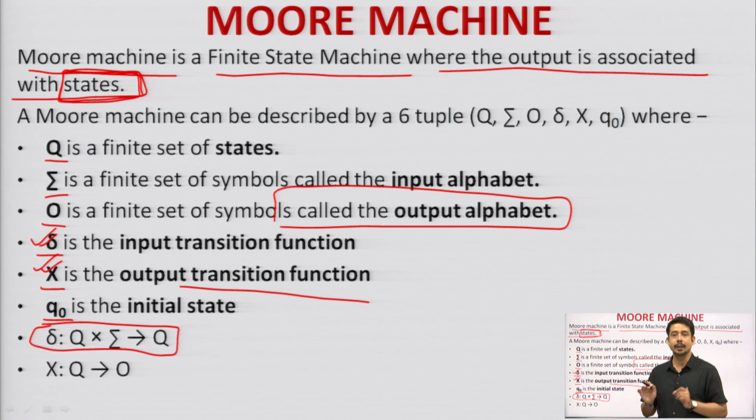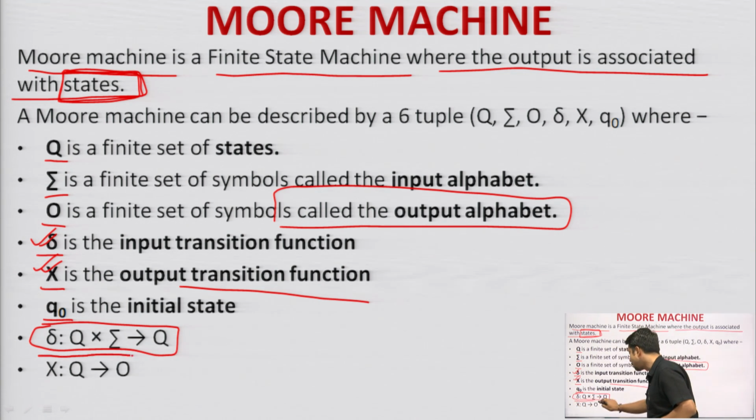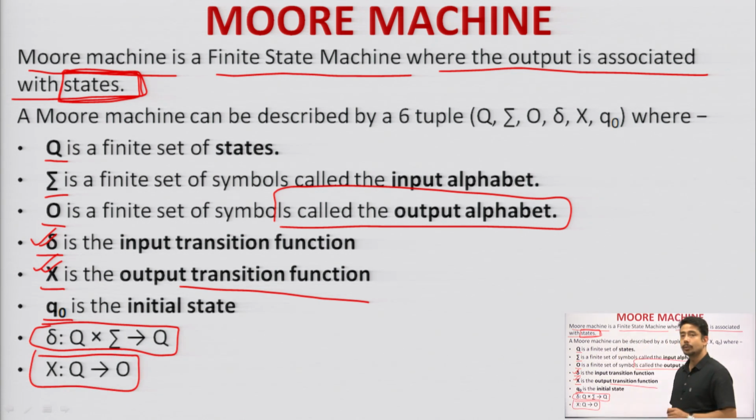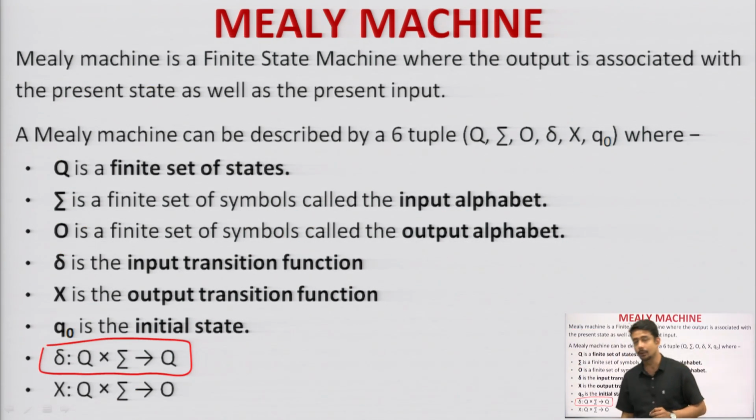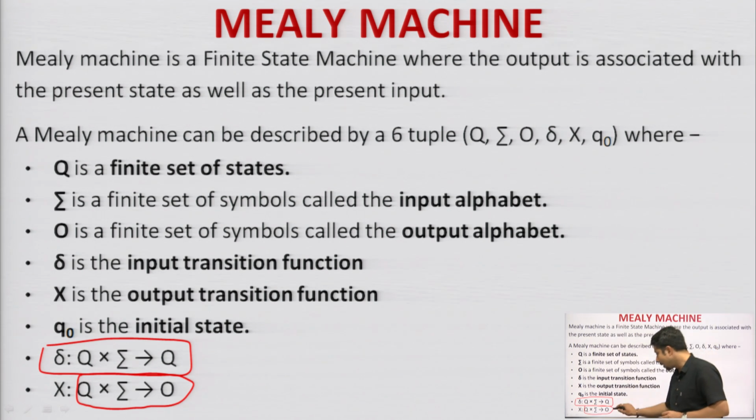Only the difference lies in the output transition function. In the case of Moore, the output is associated with states. And in the Mealy machine, the number of states are associated with the inputs through the transition, correct.